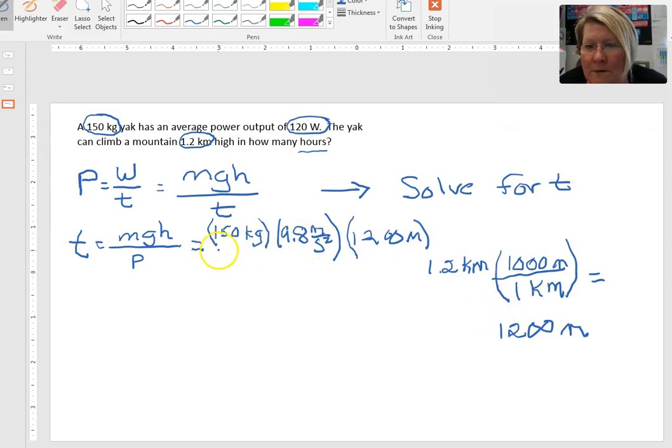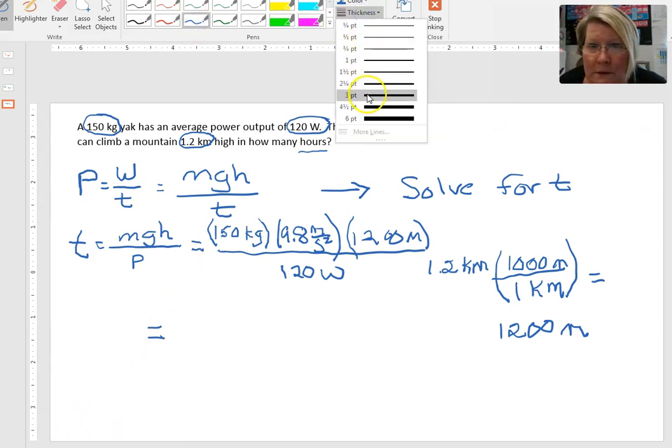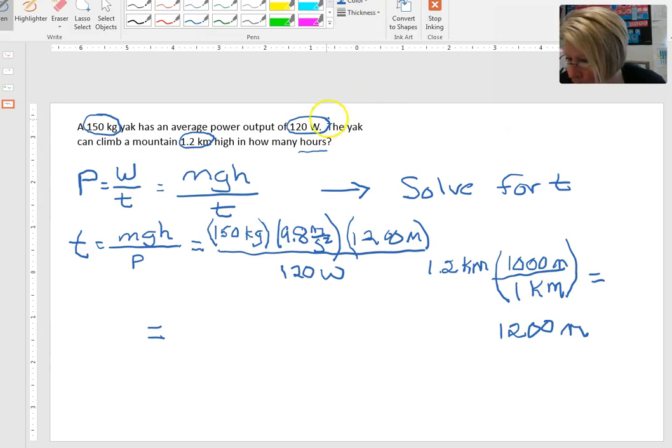And we're going to divide that by the power that's given to us, which was 120 watts. So when you multiply 150 by 9.8 by 1,200 divided by 120, we are going to get a time of 14,700 seconds.